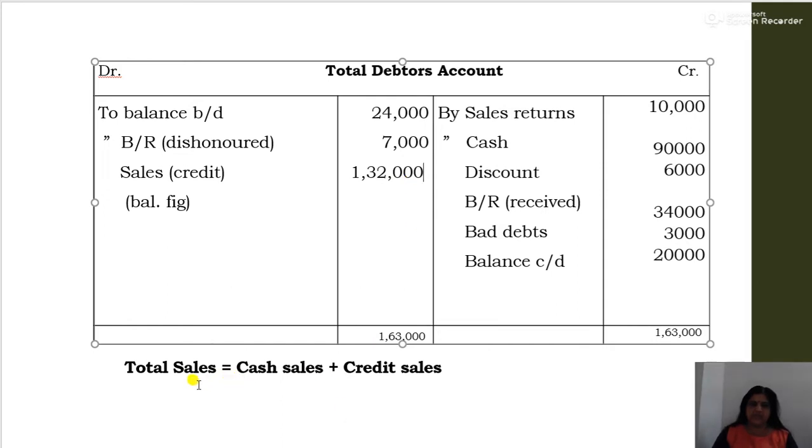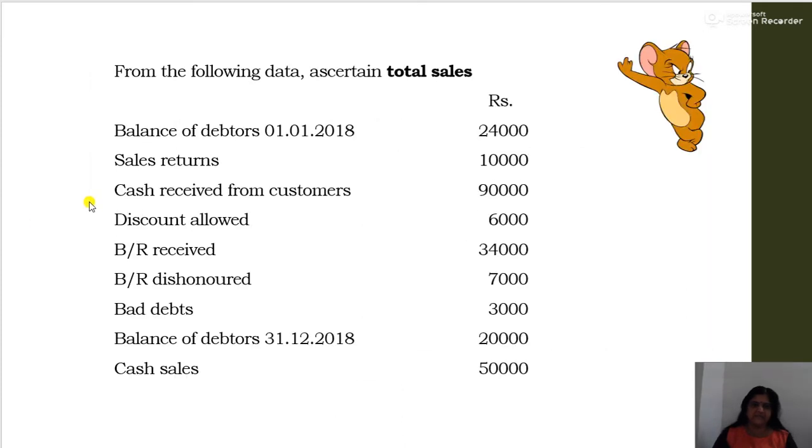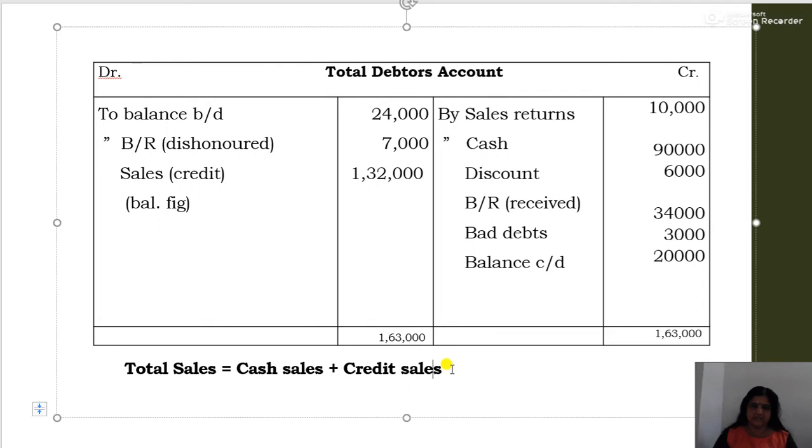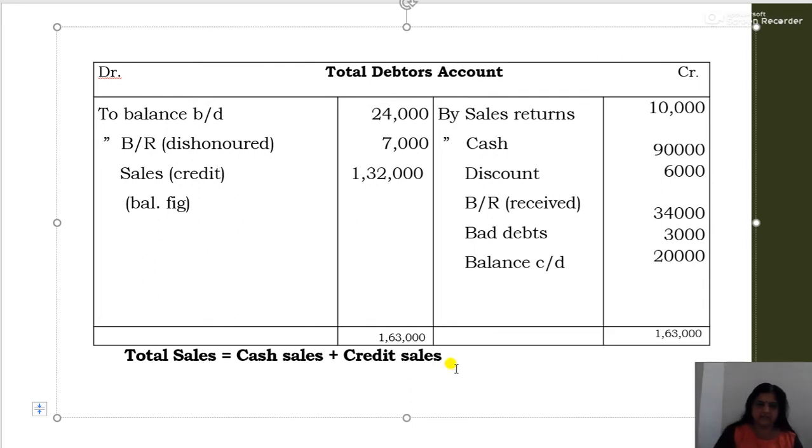Now the total sales is equal to cash sales plus credit sales. Now what is the amount of cash sales? Here the cash sales is given, that is 50,000. So the cash sales is 50,000 plus credit sales, which is 1,32,000.